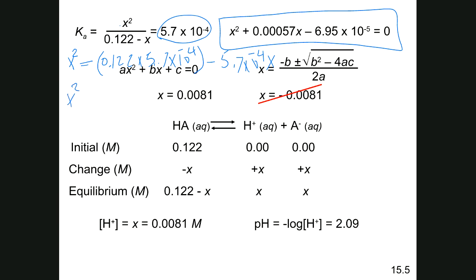You have to do this multiplication first in order to bring it over. And the proper format is the x squared, then x, and then no x here. So we're going to write this one first. The negative sign, you are moving over to this side, is going to change to positive. So it's going to be plus 5.7 times 10 to negative 4 x.